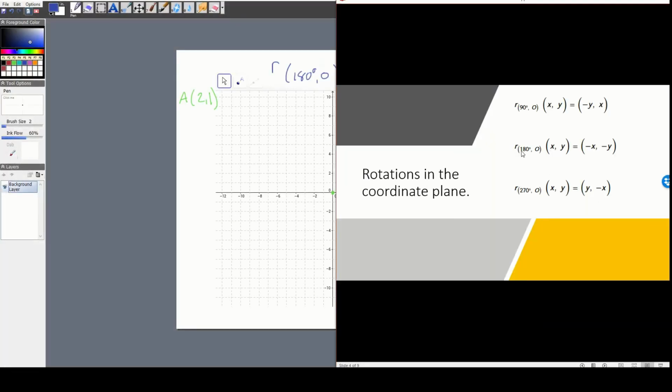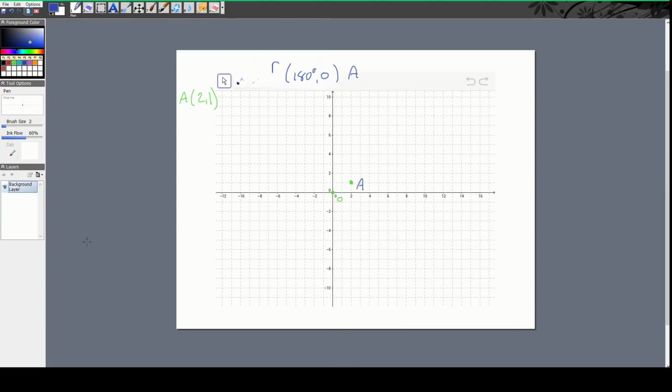A 180 degrees rotation is just negate your X and your Y. So this is -2, -1. So now if I go -2, -1, this happens to be the exact same point I had earlier. If I did it another 180 degrees, I just negate them again. Let's go new color.